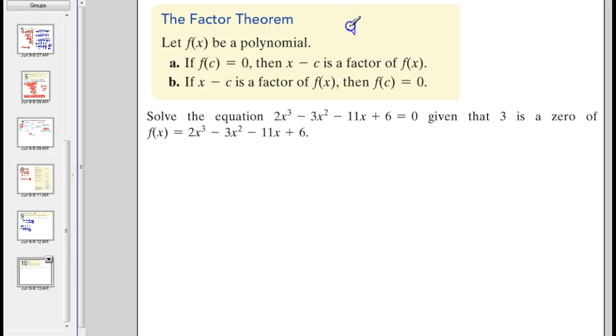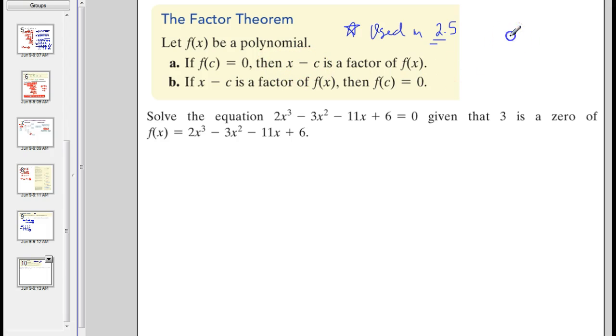We're going to use this in 2.5 a lot. Okay, but again, it's just basically a check. So what we're going to know is when we plug something in, we get 0. That means that that thing is a factor.